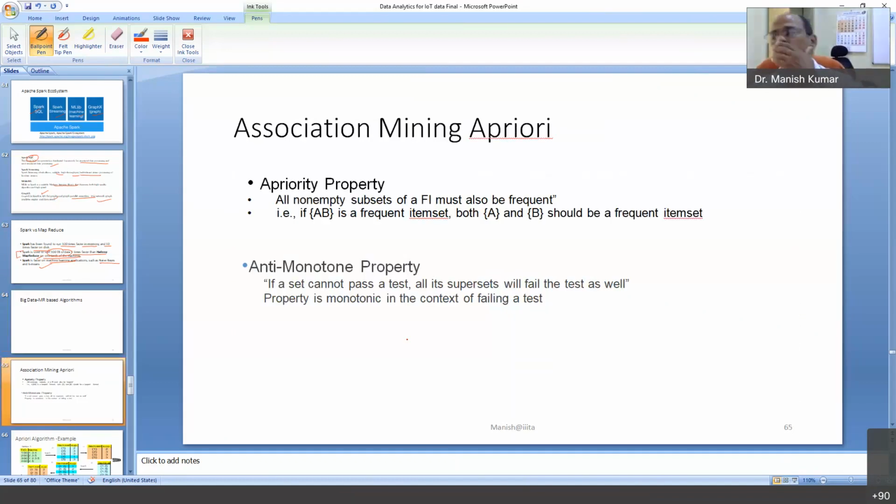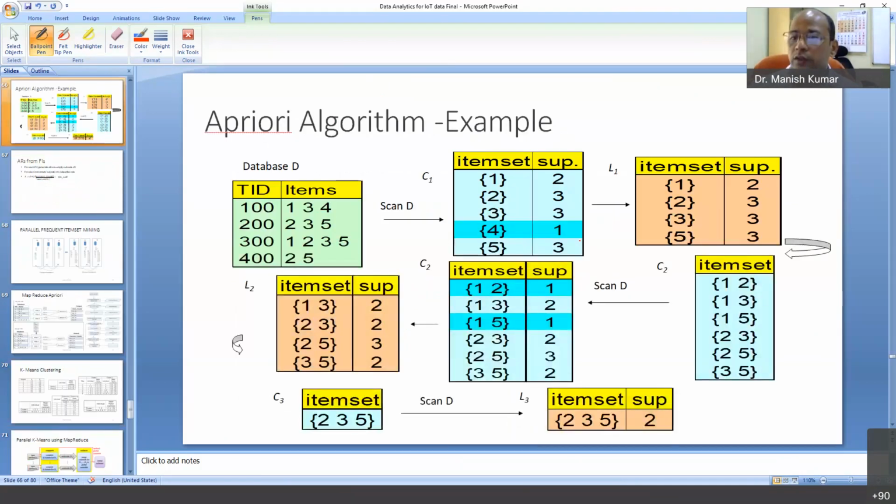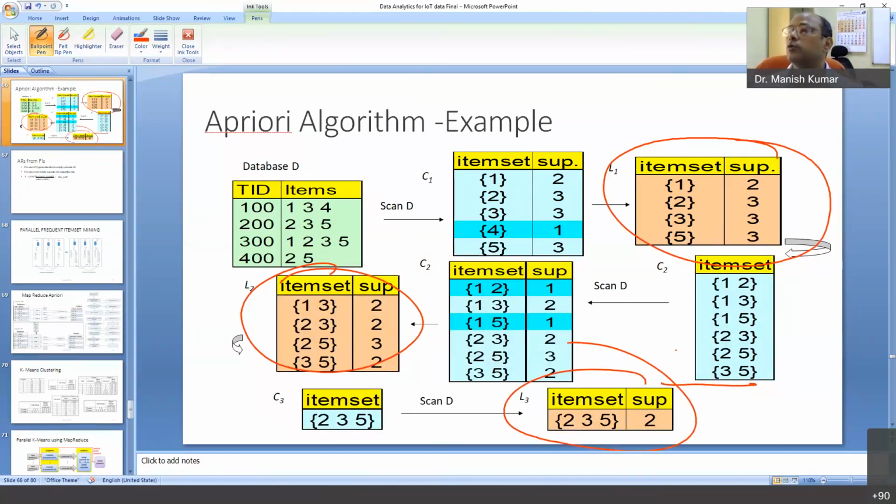I'm taking the same algorithm which we discussed in the very first talk, that is market basket analysis. You know how Apriori executes. We generate L1, then L2, then L3, and then we move to association rules generation.